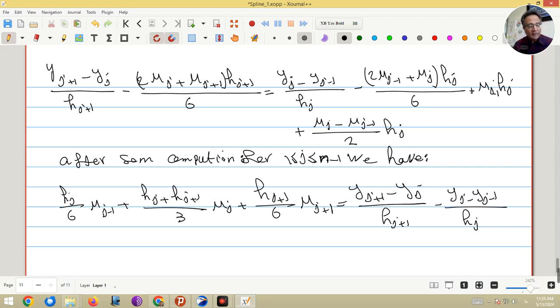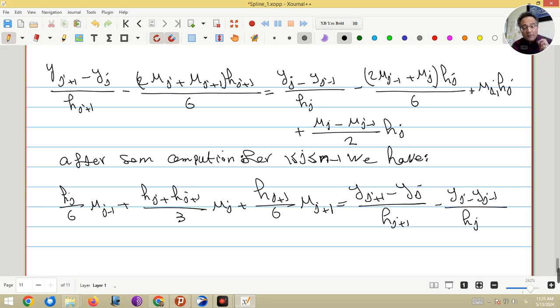So I have mj minus 1, mj and mj plus 1 in the left hand side, and also I transfer all the known values like yj plus 1 and hj to the right hand side, and in fact I have constructed an equation with 3 unknowns here, and this is true for j equal to 1 to n minus 1.